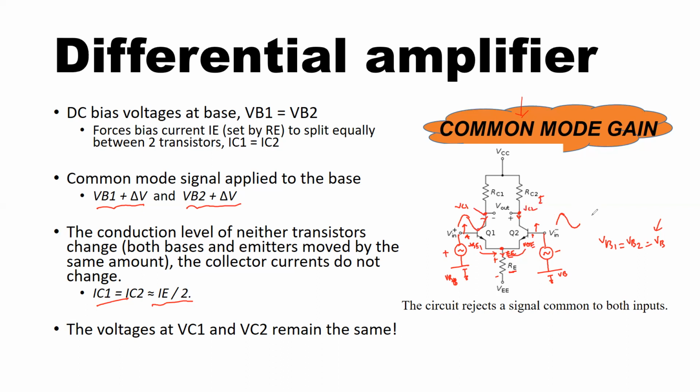There is no difference between the two output signal levels, and you basically have the common mode gain, which is VC1 plus VC2 divided by 2. Ideally VC1 and VC2 will be of the same magnitude, so the output will be 0. But in a practical case, you will have some level of signals.